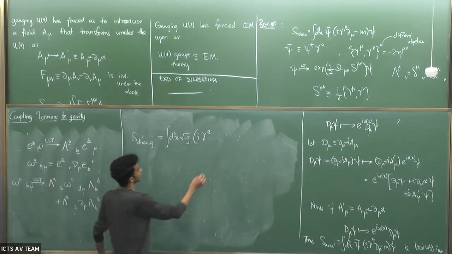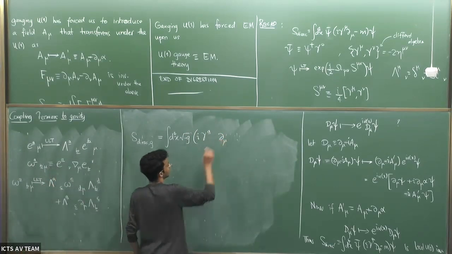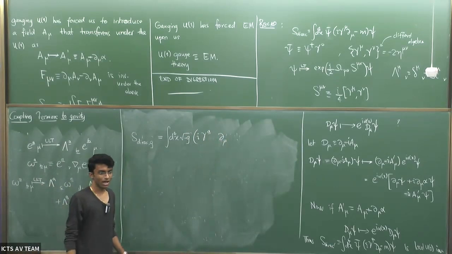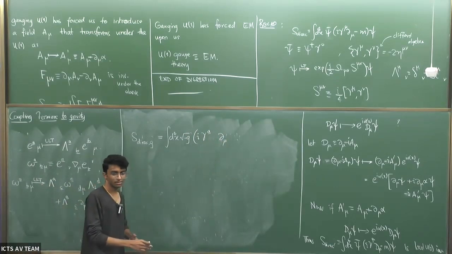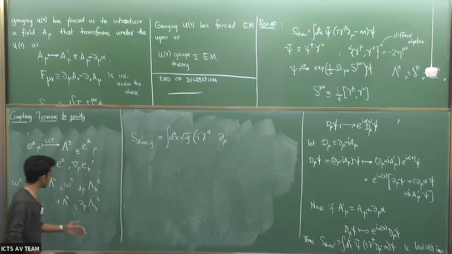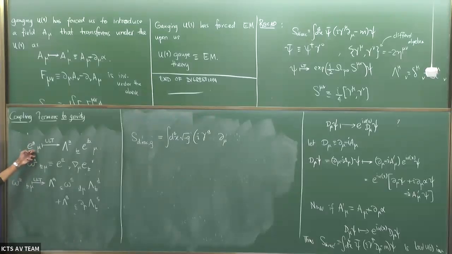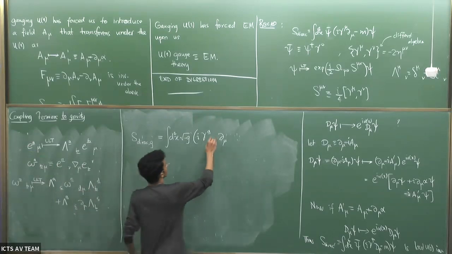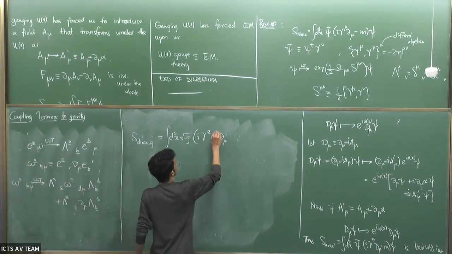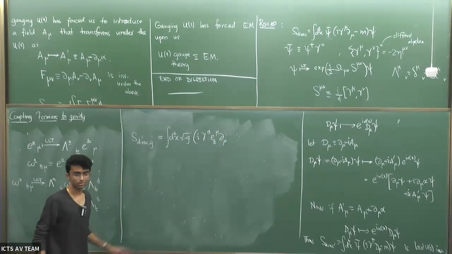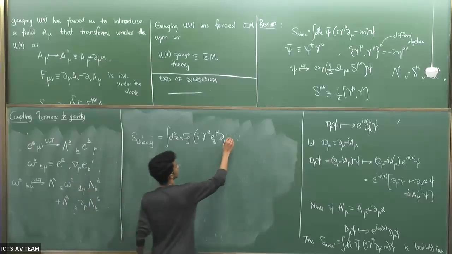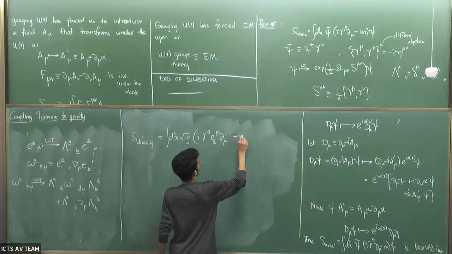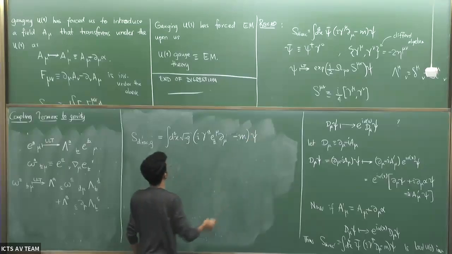But then I have to also contract it with a del mu. And what lets you go between frames and coordinate components? It's this, right? Because this has one frame index, one coordinate index. So that you have to put here. So till now things make sense. And then you just put a minus m psi bar.